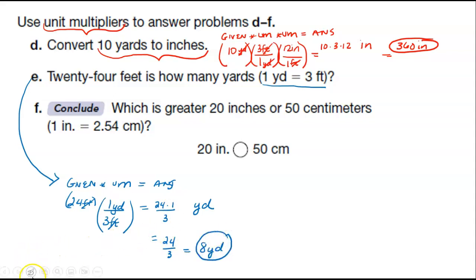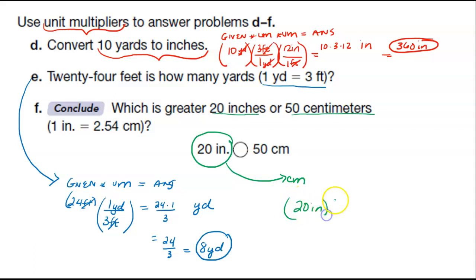Okay, I'm going to change colors and see if I can't do one more. Which is greater, 20 inches or 50 centimeters? And we know that 1 inch is equal to 2.54 centimeters. So what I'm going to do is convert this to centimeters and then compare it. So if I have 20 inches, I'm going to multiply by my unit multiplier. So this is given times unit multiplier is equal to answer. I want my answer to be in centimeters.